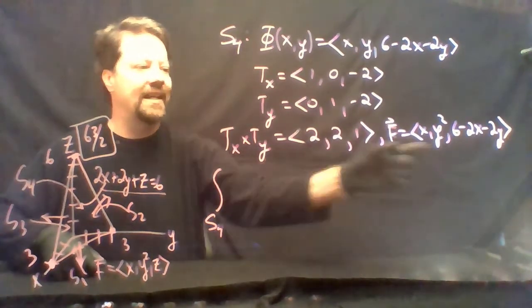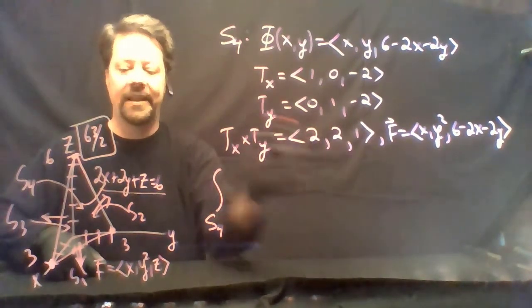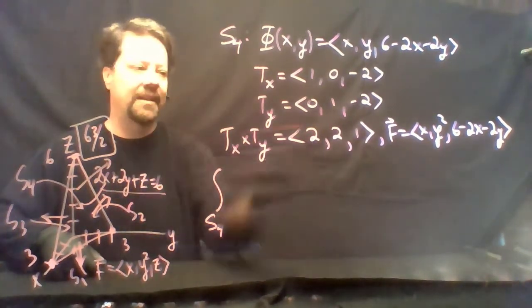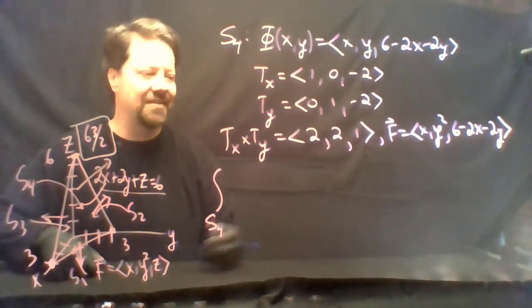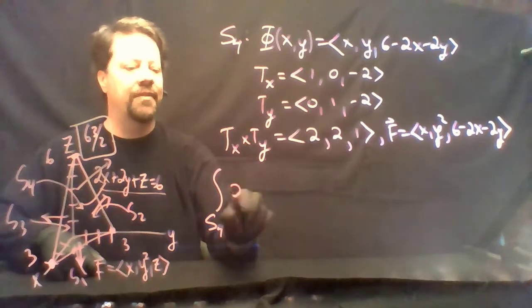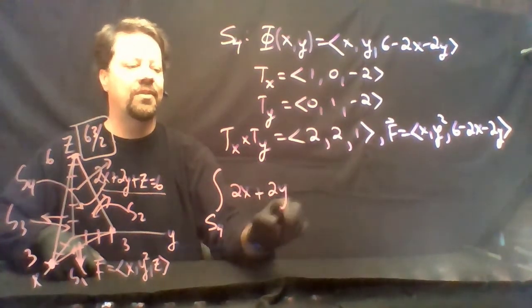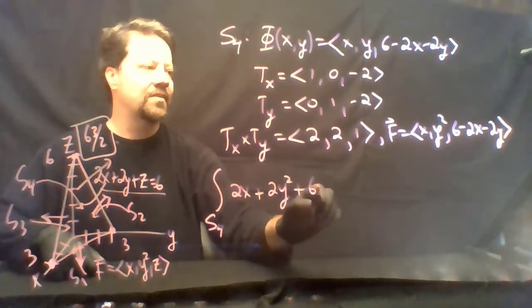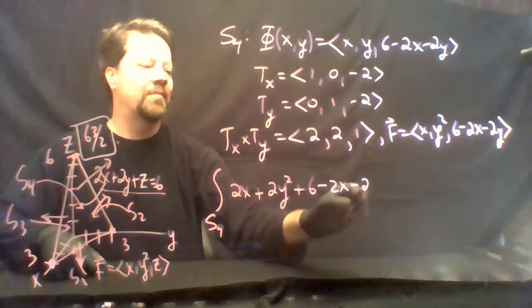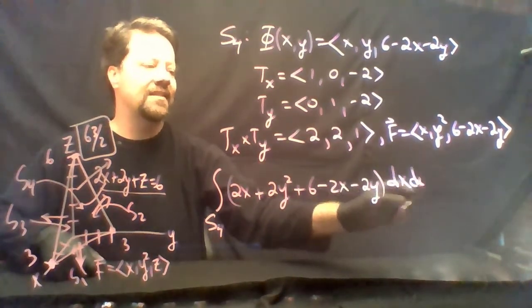And so we're going to take f and dot it with this normal, which is pointing in the exterior direction. Because the z component is positive, it has to be going out, up on that surface. We'll end up with 2x plus 2y squared plus 6 minus 2x minus 2y, all times dx dy.